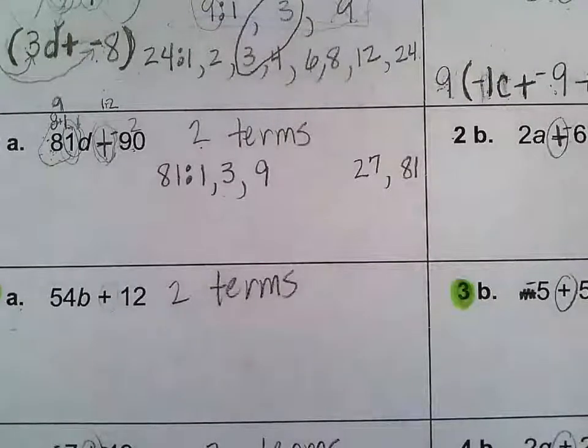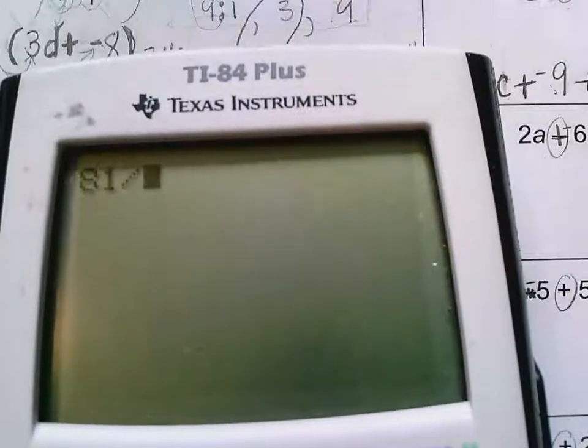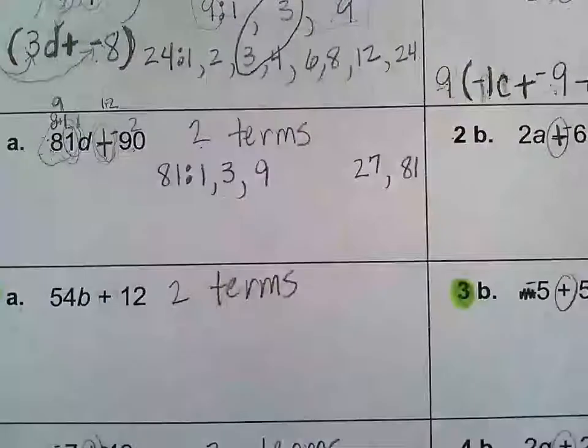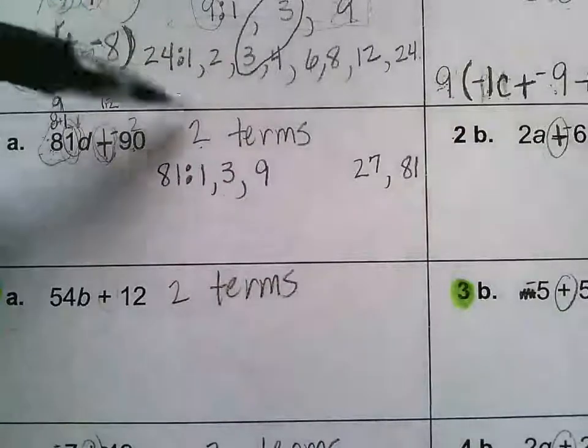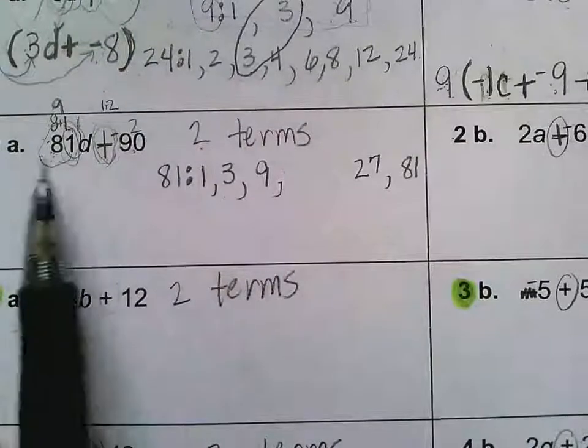Let me double check that. No. 18, 19, no. These are the factors of 81.